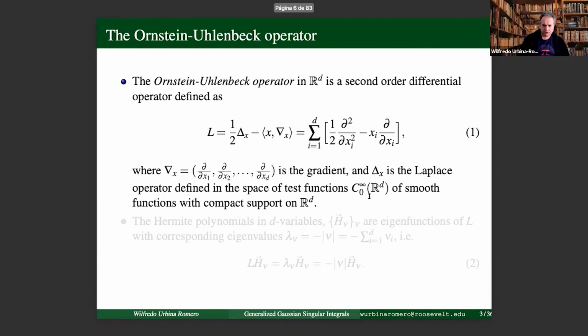So okay, first of all, in the Gaussian world, we are working with the equivalent to the Laplacian, the Ornstein-Uhlenbeck operator, which is half the Laplacian. Well, this is the normalization that we use, minus x times the gradient, right?